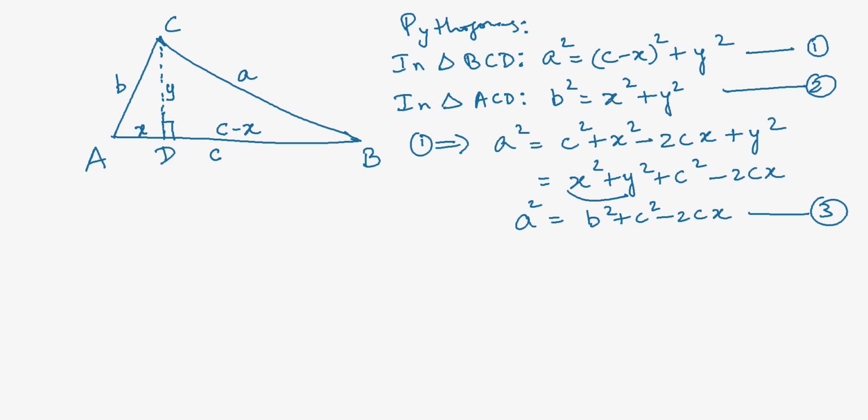For example, if I draw the altitude like this, let's say this is 90 degrees. We can do that, right? Then call this D prime, for example. This length is x prime and this is y prime.